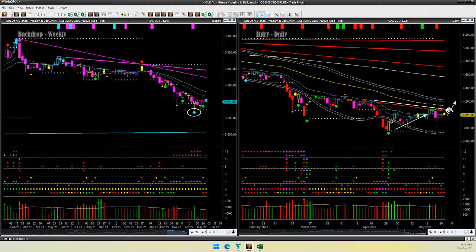If it can break out of the trendline resistance in daily, then we'll be happy to take long trades, because it will be creating a higher high, higher low at that point. It will be breaking out of the trendline resistance, and the weekly backdrop color has already turned bullish. No trade setup right now. We'll wait for the trendline resistance to be broken.